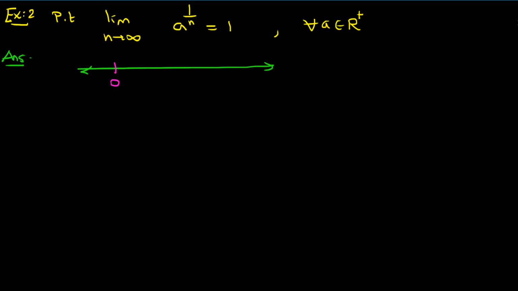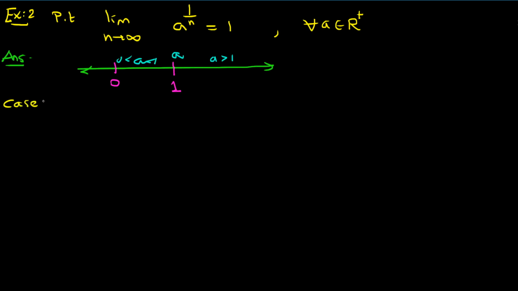So let me put 1 here also. What I will be doing is I will divide the proof of this into 3 cases: for A equal to 1, for A greater than 1, and for 0 less than A less than 1. So A can be here. A can be 1 or A can be greater than 1. Here it is 0 less than A less than 1. So let us consider 3 cases.